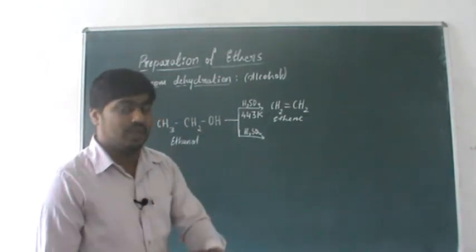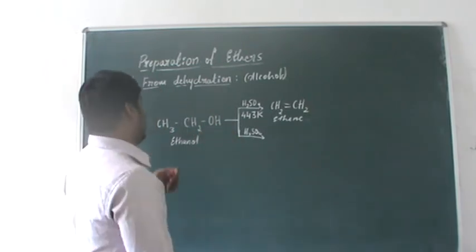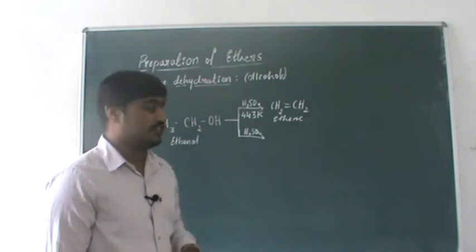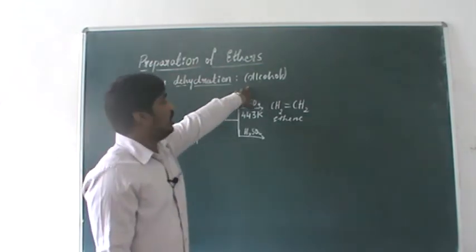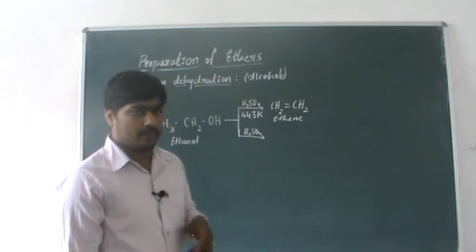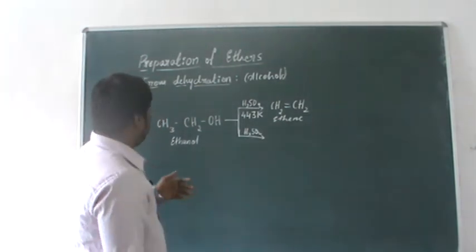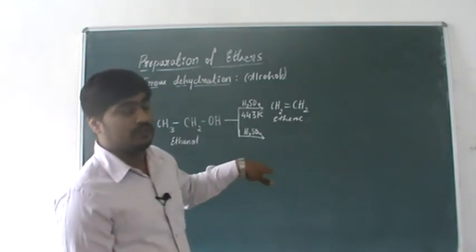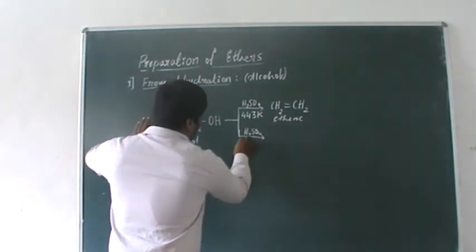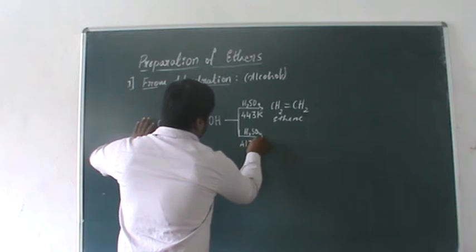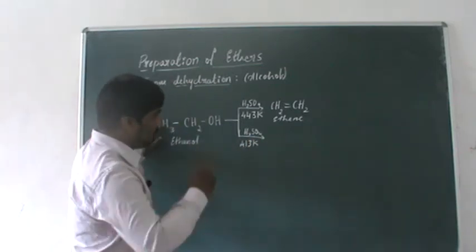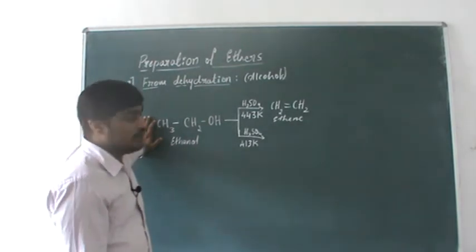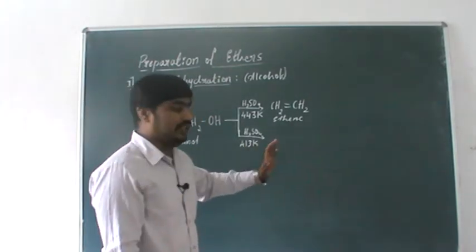The same process and mechanism you already studied in the last session under properties of alcohols. And then it produces ether when a smaller amount of temperature is applied, lower than 443 Kelvin, around 413 Kelvin.